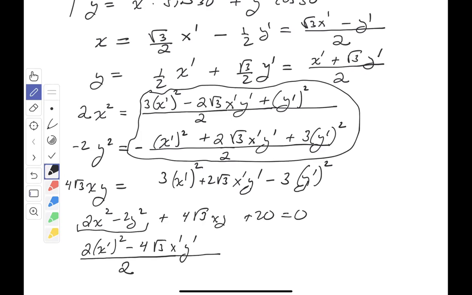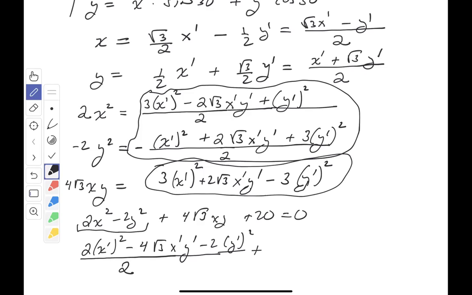Let's go to the next one. It's going to be y prime squared minus 3y prime squared, which is minus 2 y prime squared. Now what I want to do, I want to add 4 root 3 xy. So this guy's being added on now. I'll put that down for you.